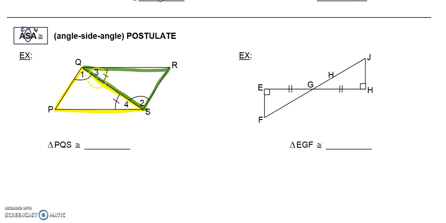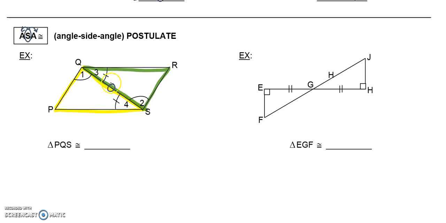Additionally, I have an overlapping side. That overlapping side is what is in common between both the yellow and the green triangle. That overlapping side in this case is QS, and QS is congruent to itself because it's the same measure.